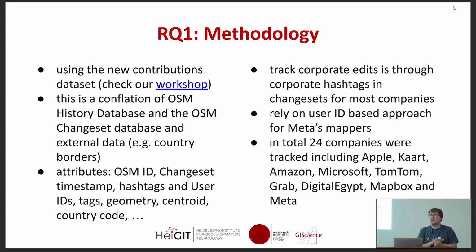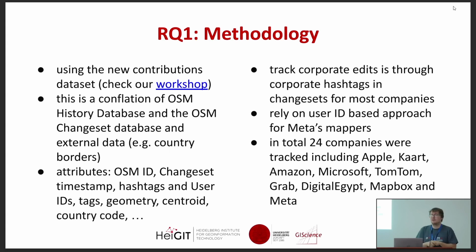You can check the OSM wiki, the organized editing guidelines. Every company has to document which mappers are mapping for them. You scrape the website, get the user IDs that work for Meta, and then try to extract all contributions from these users. It's a bit more of a hassle, I would say.